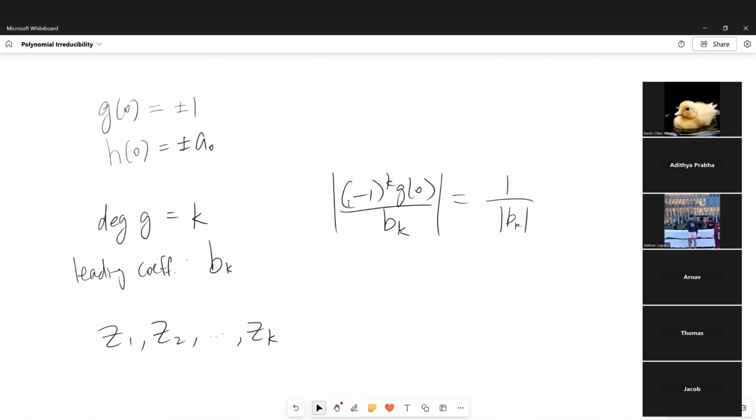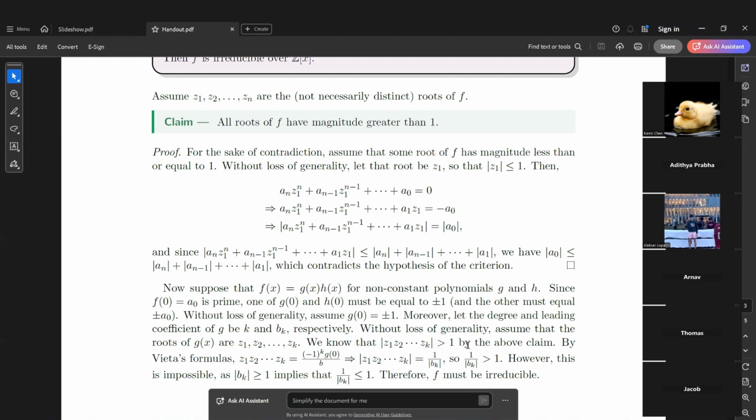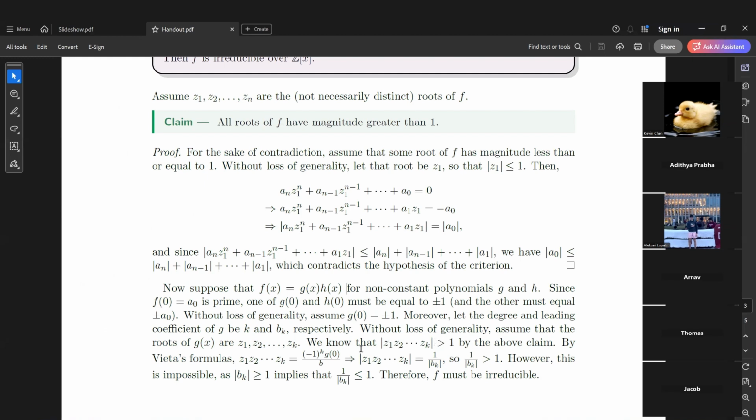And so, oh, I skipped a sentence, but we know that the magnitude of the product of all these roots is greater than 1 because of the above claim, because all the roots of f have magnitude greater than 1. So clearly the product of all of them is greater than 1. So if we have this value 1 over the magnitude of bk, by Vieta's formulas, we have 1 over bk is greater than 1.